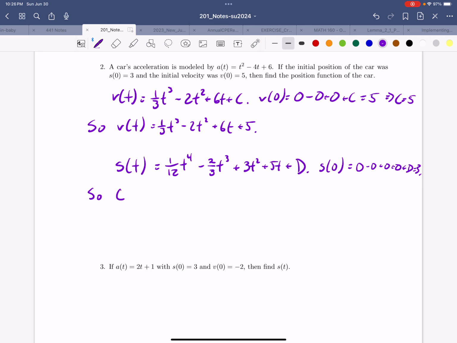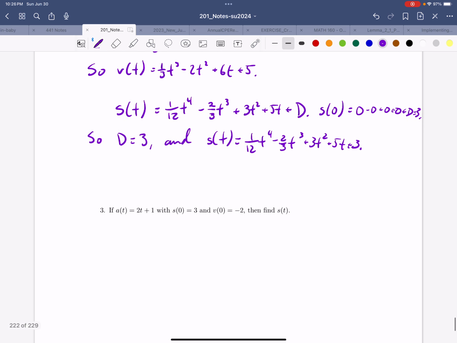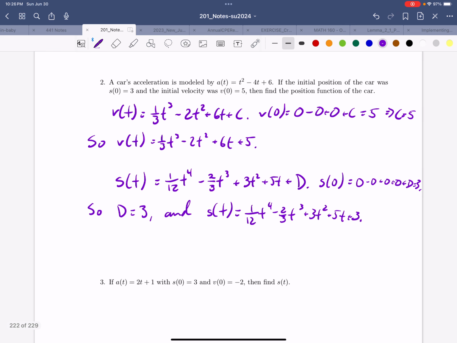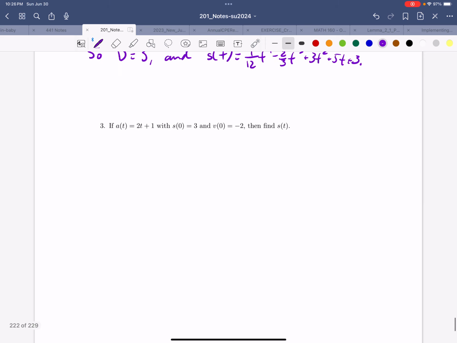So d equals 3, and s of t equals this. All right, so that's our answer. Note that we just anti-differentiated twice, and we had 2 initial conditions, which we needed to get a specific answer.